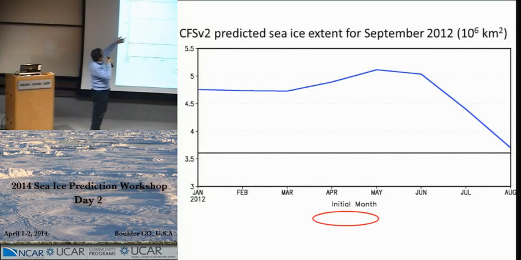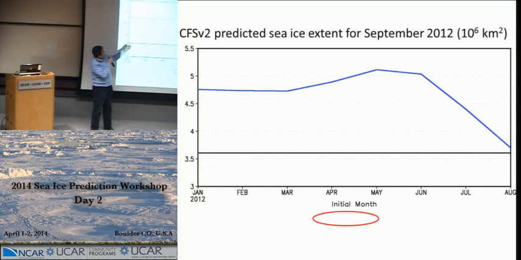Anyway, this is the September forecast for 2012 CS extent, and the black line is observation, and the x-axis is the initial month. So our forecast target is September 2012. This one is forecast from January 2012 for September, and the last one is forecast from August.